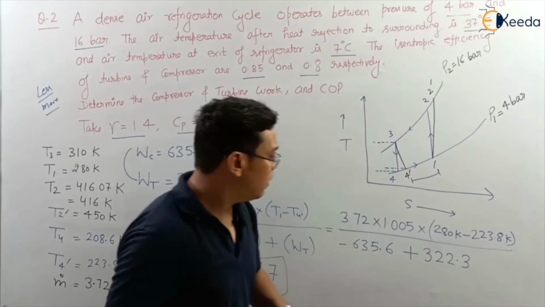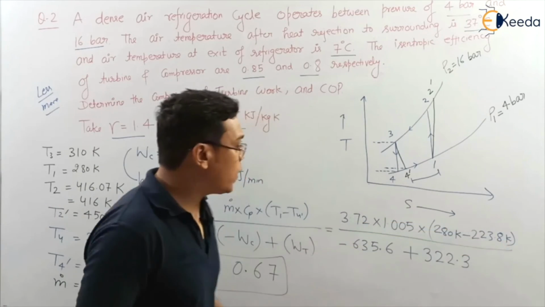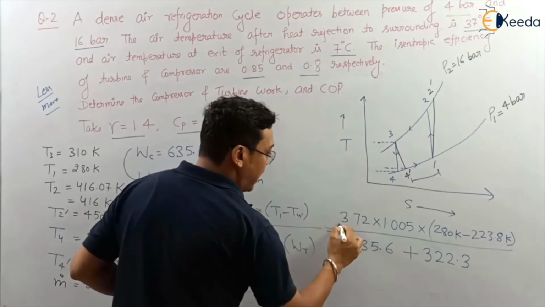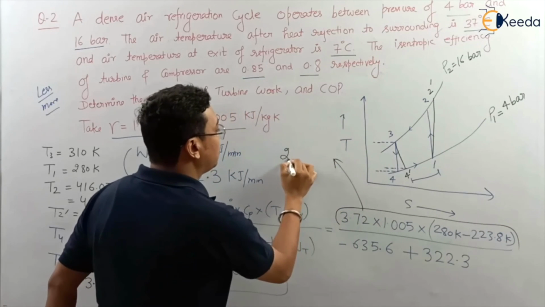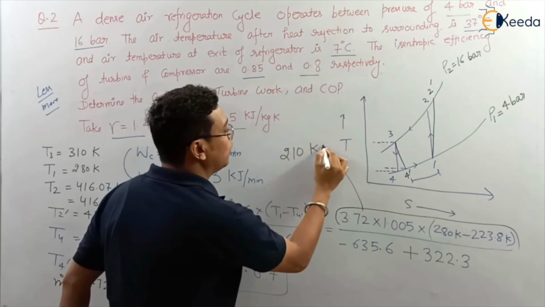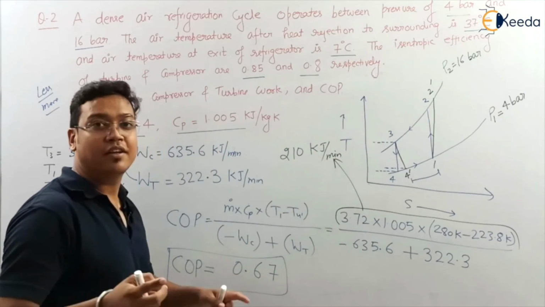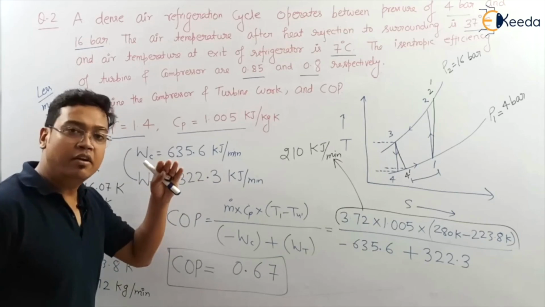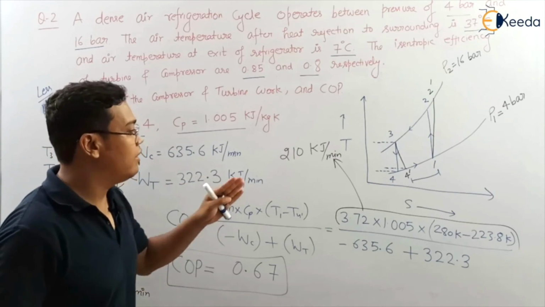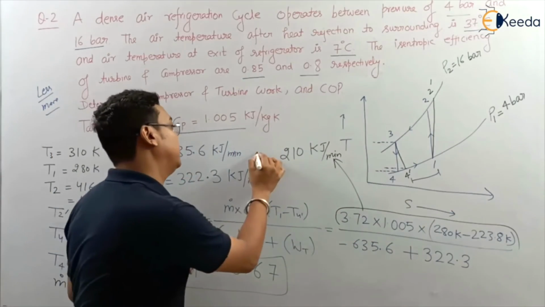One more thing: you can easily say that the refrigeration effect is 210 kilojoule per minute, because while finding the mass flow rate we considered a refrigeration effect of 1 TR.